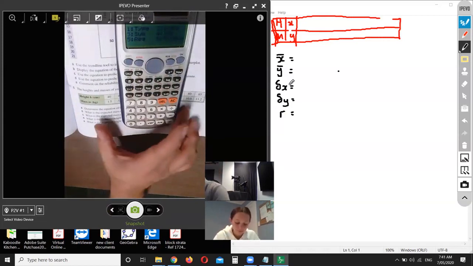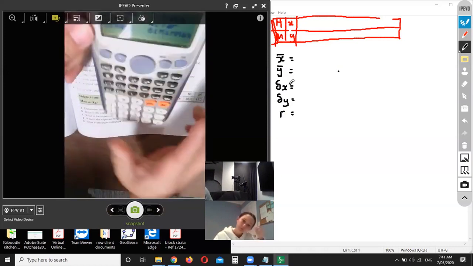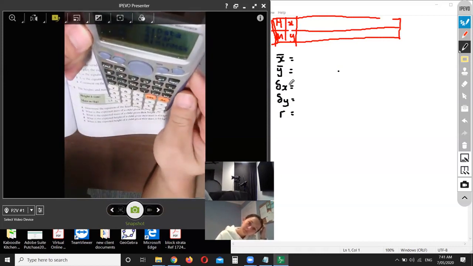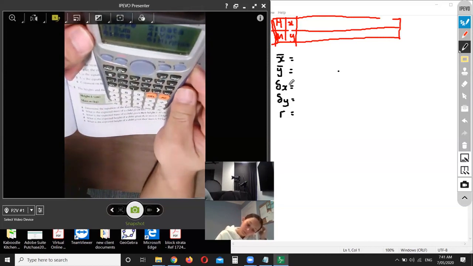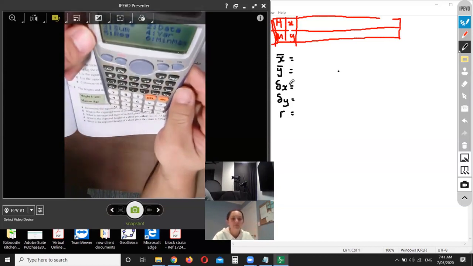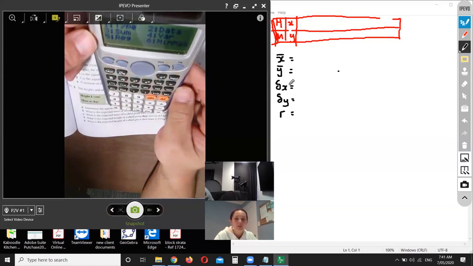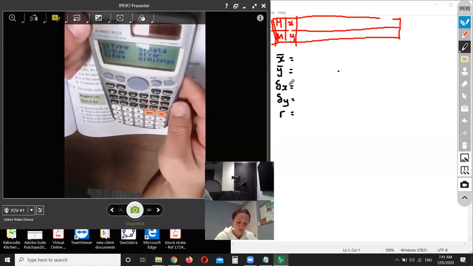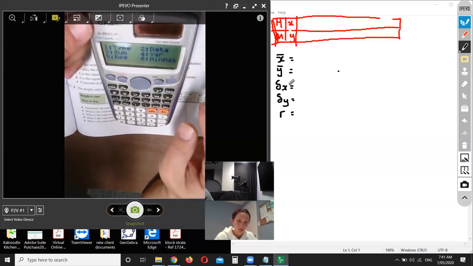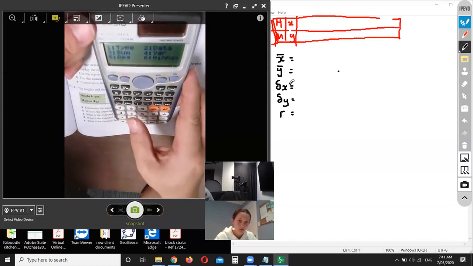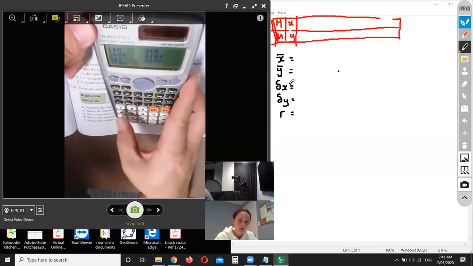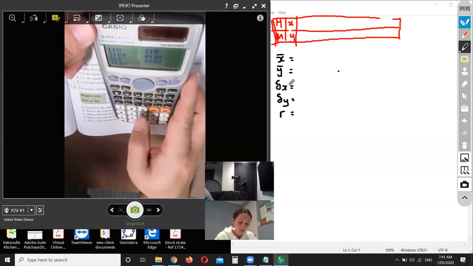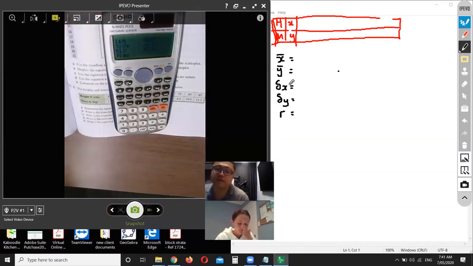Then where we want to go is 4, VAR for variance, and that will give you the first 4 statistical measures. See how it gives you all the different ones.